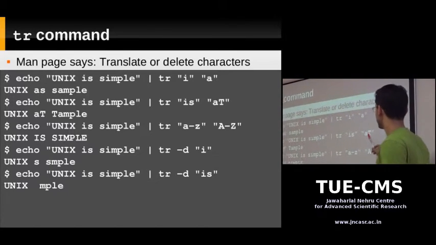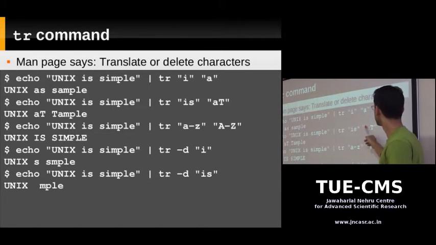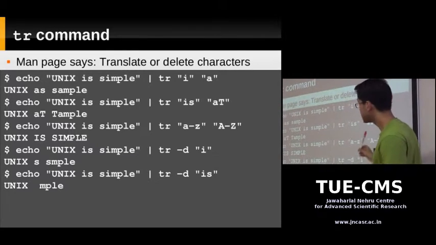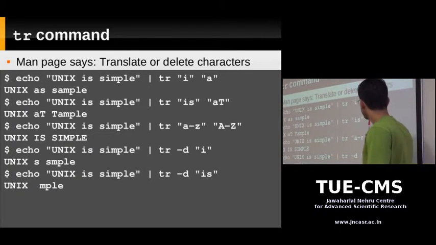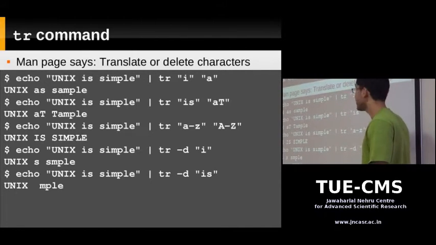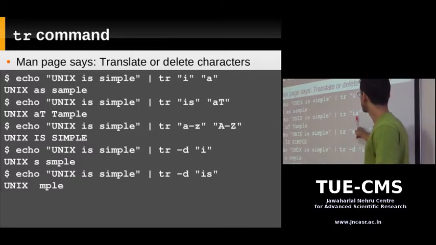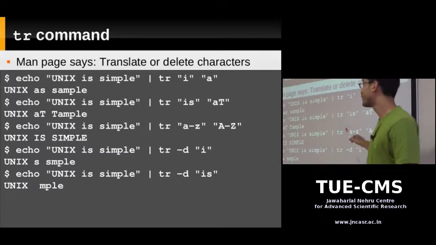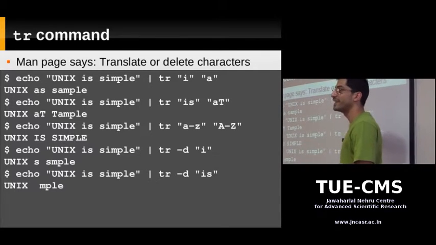Now let's see another example. You don't have to provide just one, you can provide 2. So suppose you type something like this, tr, is and at. What it does is, tr translates every occurrence of I to a, and it translates every occurrence of s to t. On first seeing this, you might think that every occurrence of "is" is converted to "at".